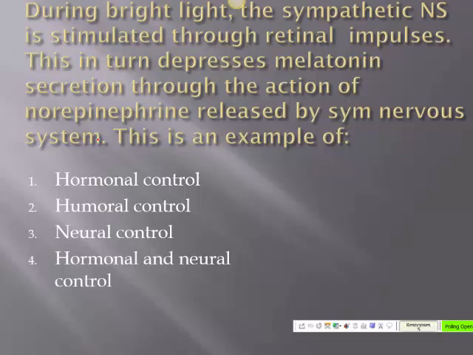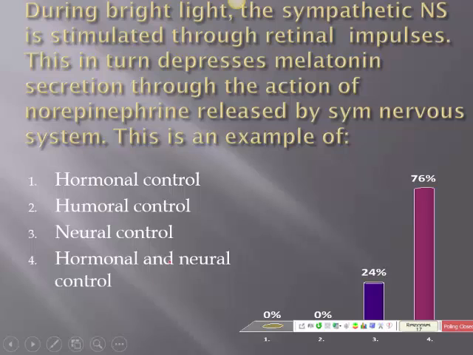You need to break this down in your head before you think about this answer. This is hormonal and neural.